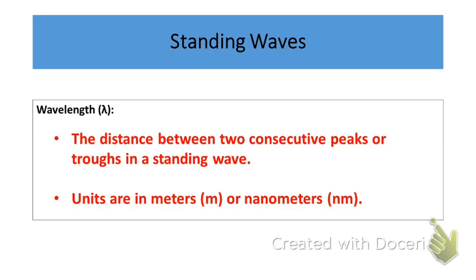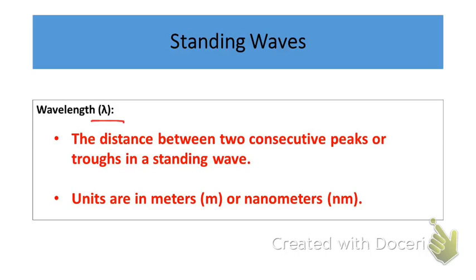All right, so here's the definition of wavelength. Formally, the distance between two consecutive peaks or troughs in a standing wave. Now, the units for a wavelength are going to be meters or nanometers that we're going to typically use in this class. All right?